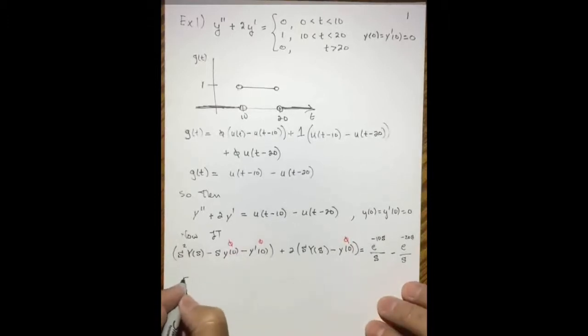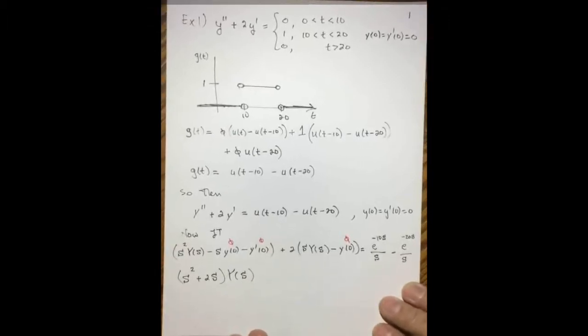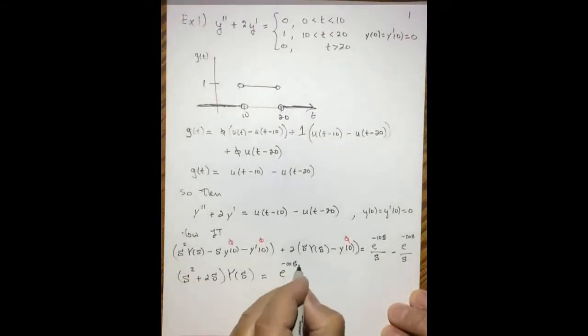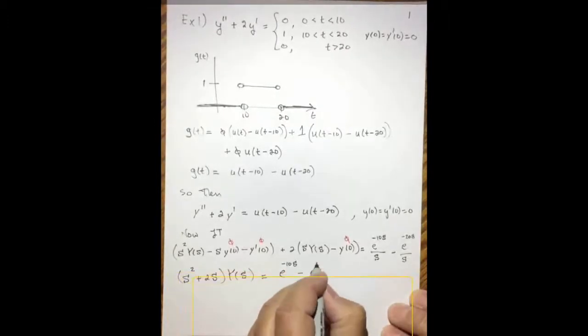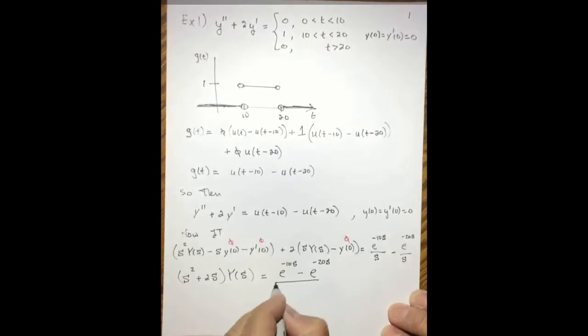That's then going to give us s squared plus 2s times Y of s. That's all we have on the left side. And then this is going to equal e to the minus 10s minus e to the minus 20s all over s.